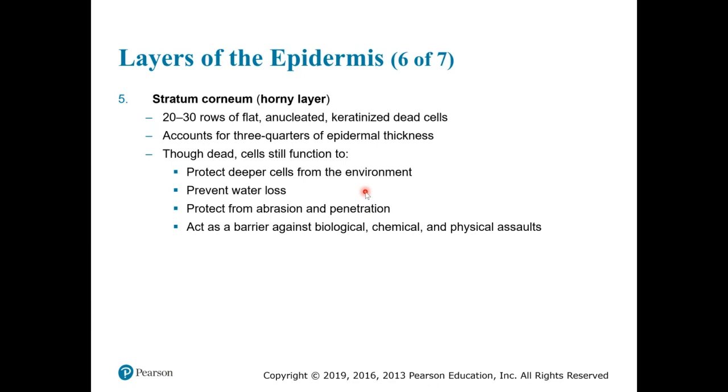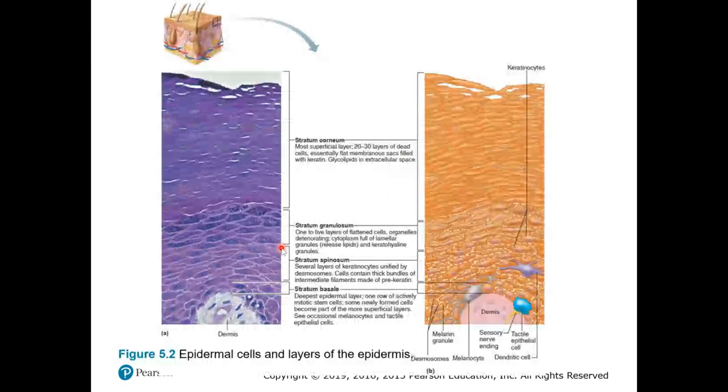So if you scrape against something or rub your hands together, cells come off, but they don't damage the cells below. If a mosquito wants to come and bite you, it's got to get through this layer. And so this layer, and the skin in general, acts as a barrier against biological, chemical, and physical assaults. Isn't the skin wonderful? We'll talk about what each one of those means.